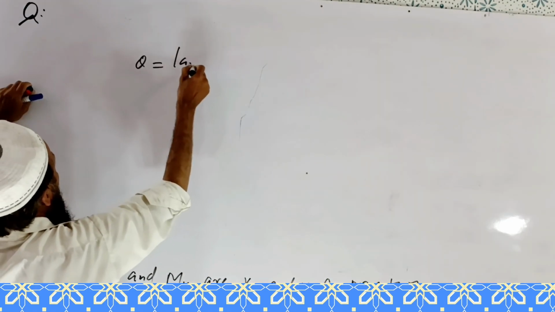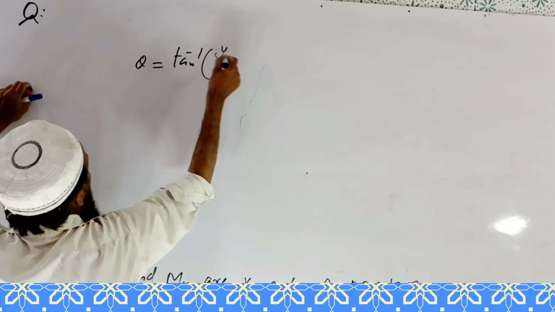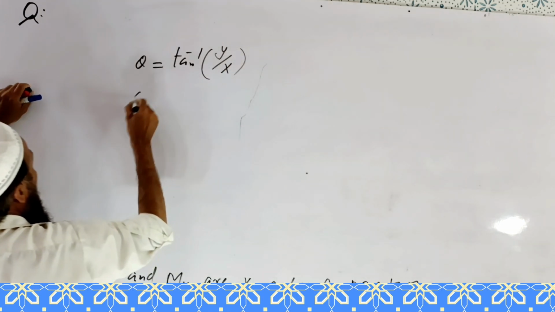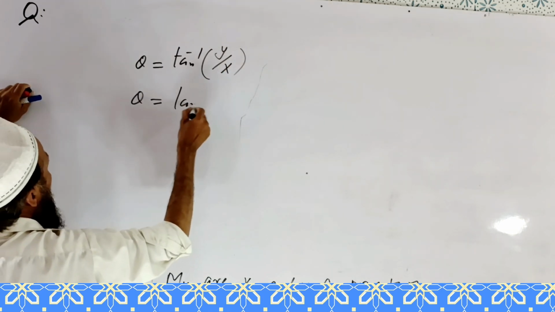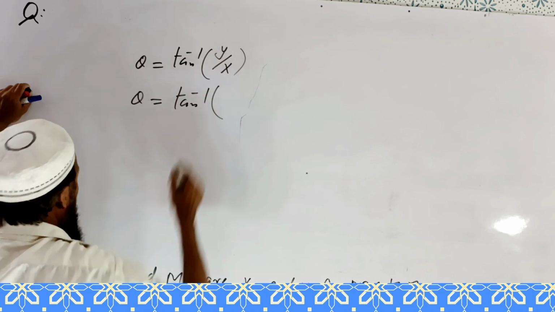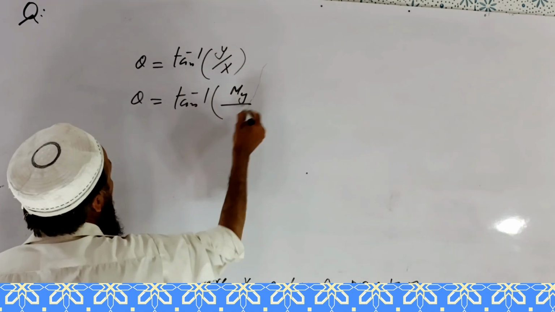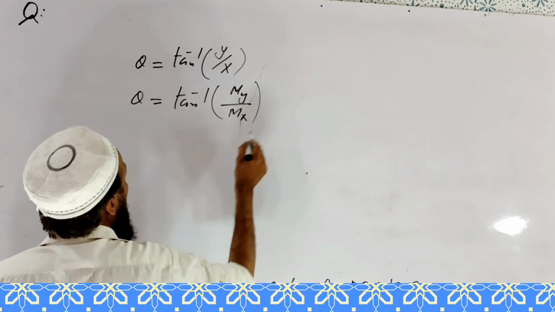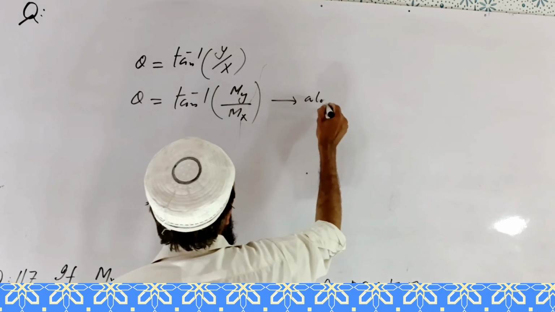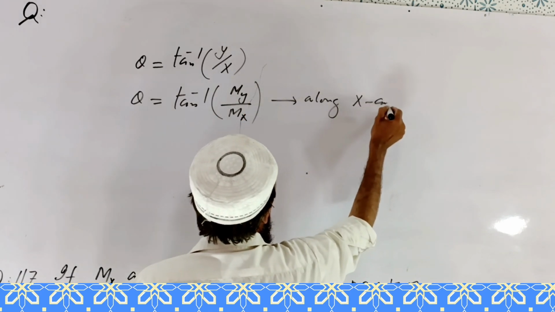Theta is equal to tangent inverse y divided by x, and here theta is equal to tangent inverse of my along mx, along the x axis.